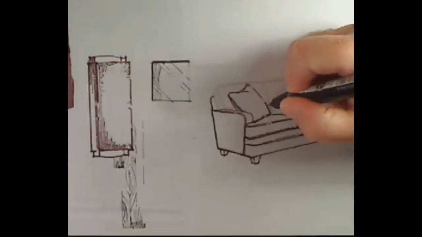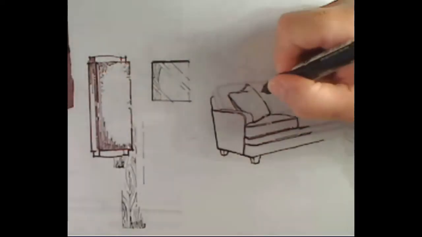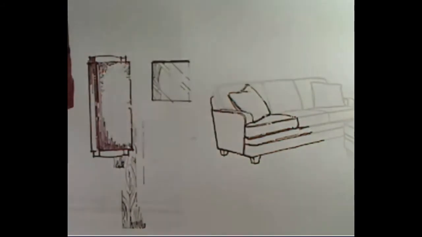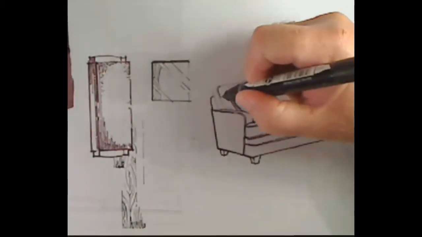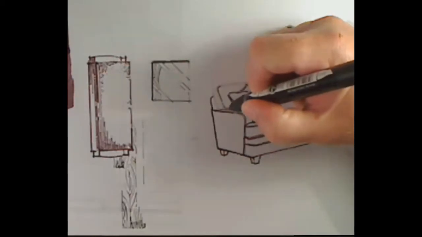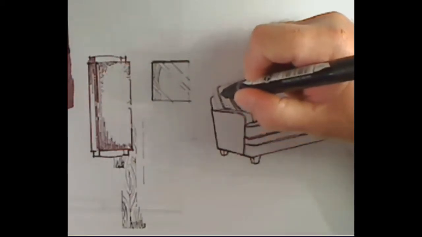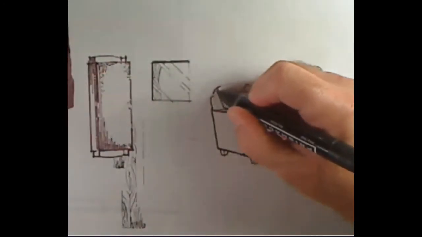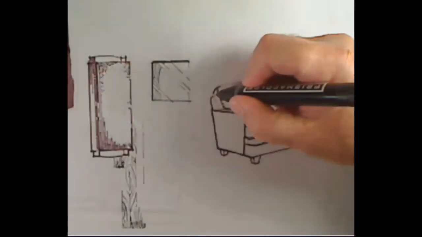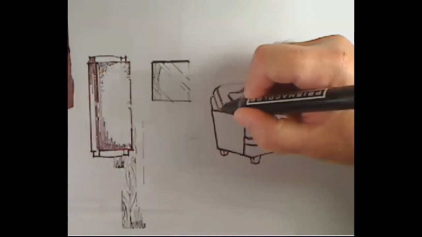As I get towards the bottom, I'll make it darker and thicker, and then keep it kind of light as it goes up the side. So anything that's folding over onto something else, you can make a little bit darker. Anything that might have light hitting it, break it up, use a thinner line.